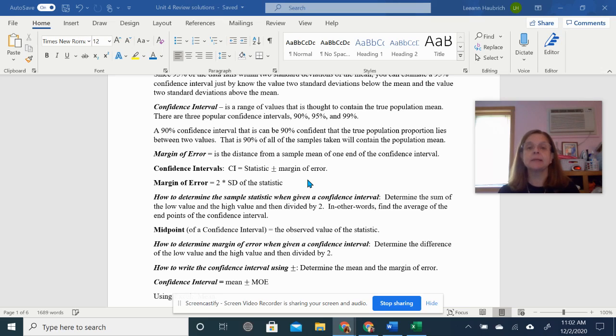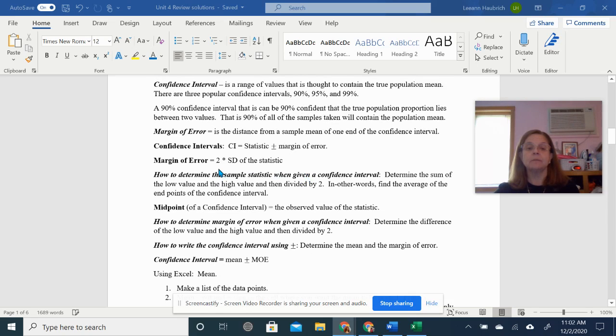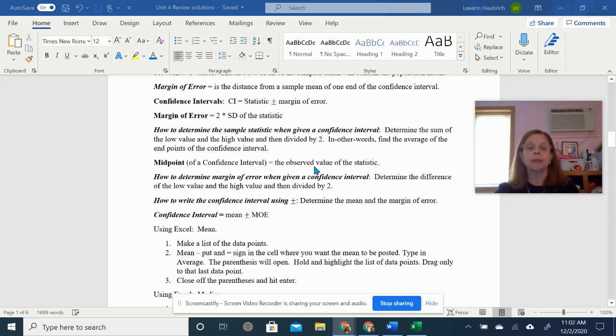Take the statistic, add the margin of error, you have the high value. So another way to think of the margin of error is, for the 95%, this works, 2 times the standard deviation.